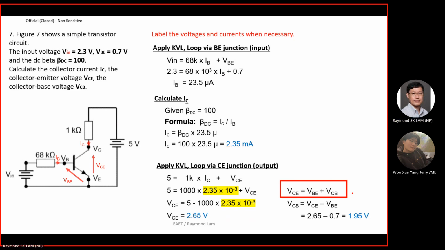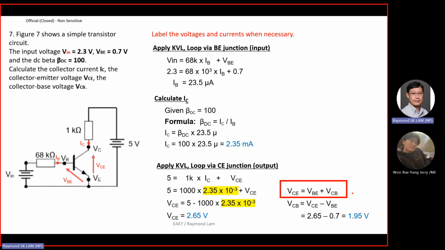So this is base, this is emitter, this is collector. And VBE is given, right? VCE is given, right? Okay, so VCE, based on double subscript notation, C is here, E is here, so you draw the arrow. C is the arrowhead, right?